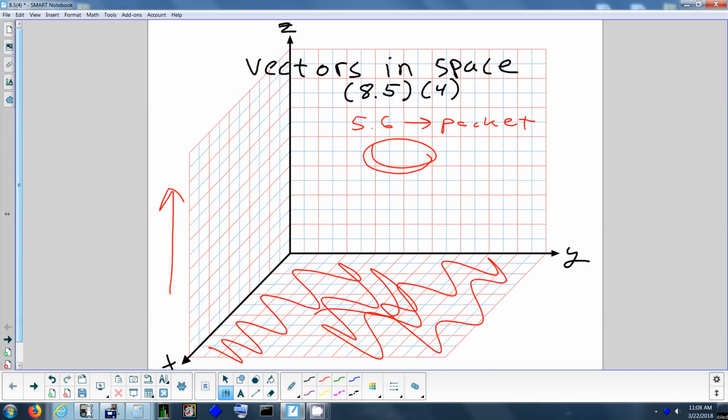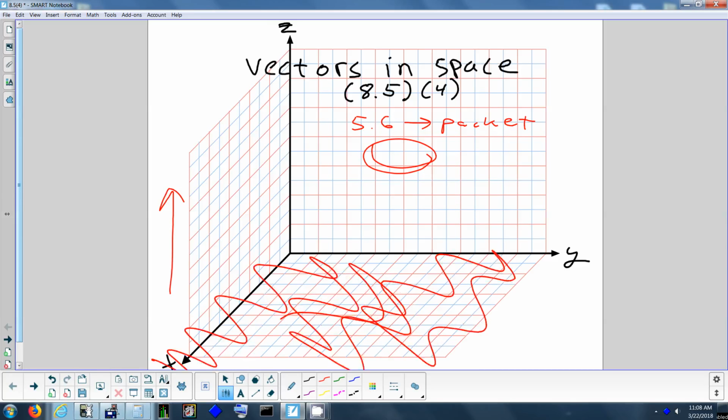In this example, it's kind of hard to look 3D, but x would be kind of on the bottom, y would be towards the door, z is up. X, Y, Z.